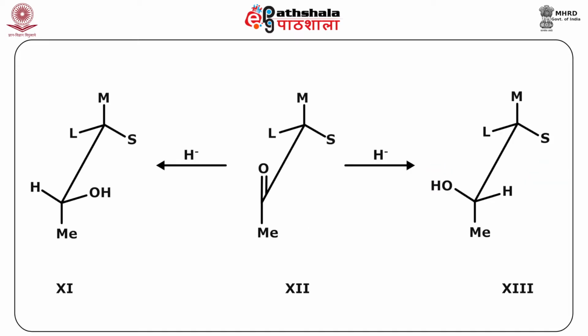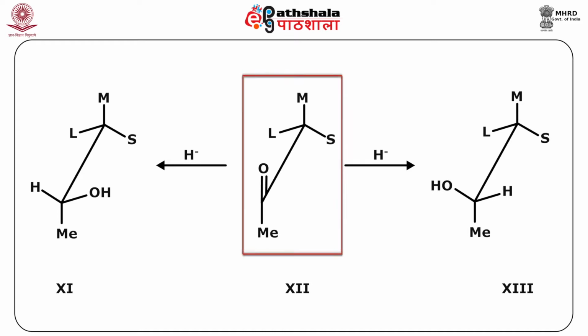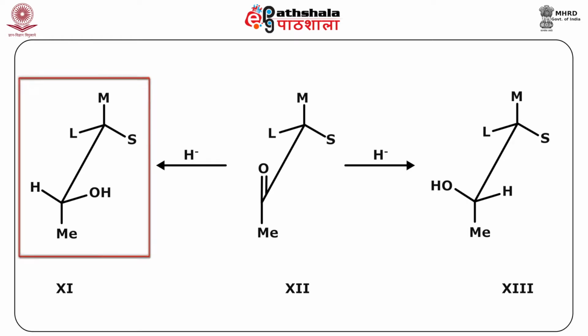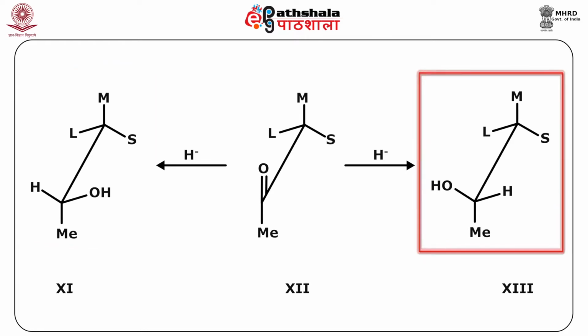The two faces of the carbonyl group in a molecule of the general formula represented in figure 8, containing a chiral center, are diastereotopic, since addition of a hydride to the two faces gives different diastereomers: structure 11 when addition takes place to the left face, and structure 13 when the addition takes place to the right face.